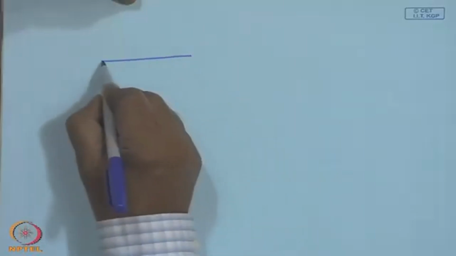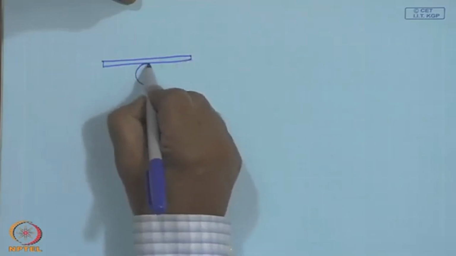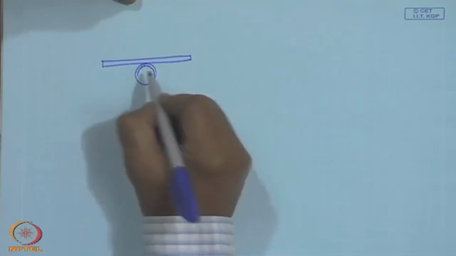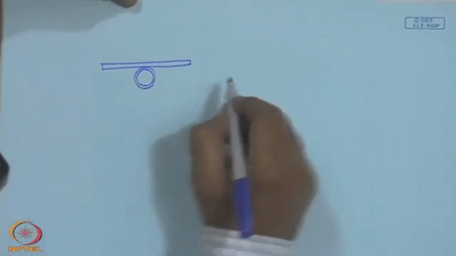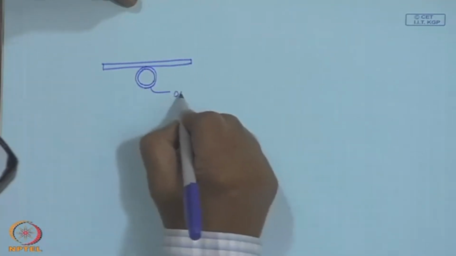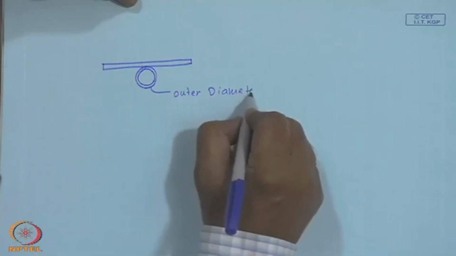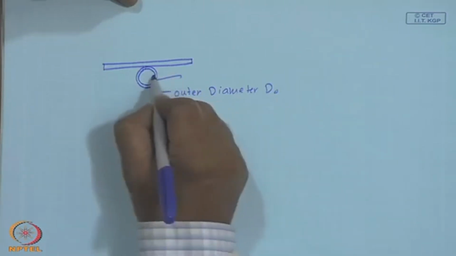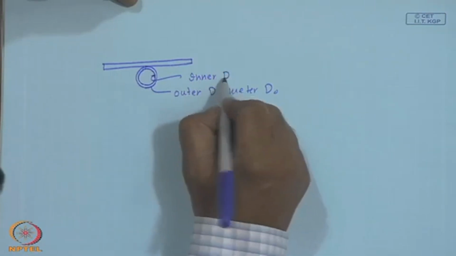If I take an exaggerated view, this is the inner diameter, some d naught, and inner d.